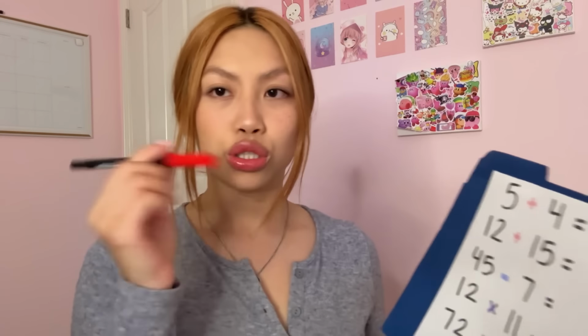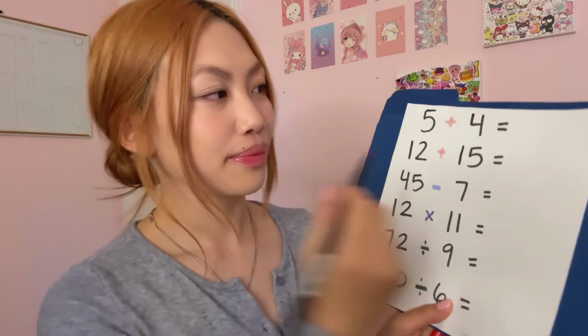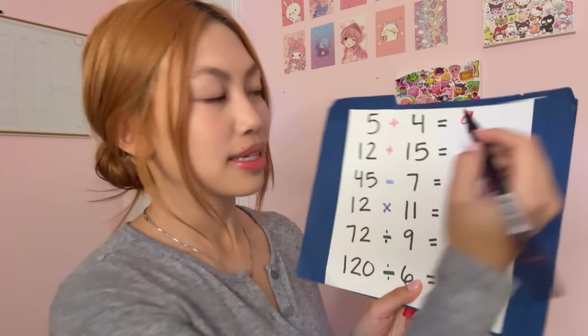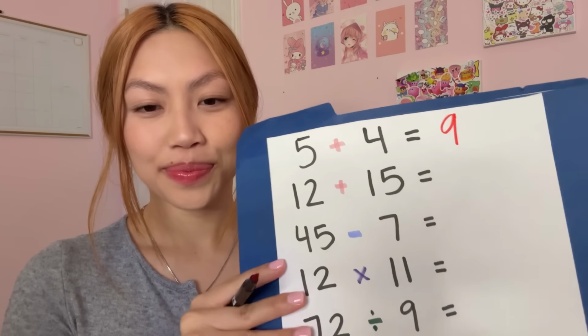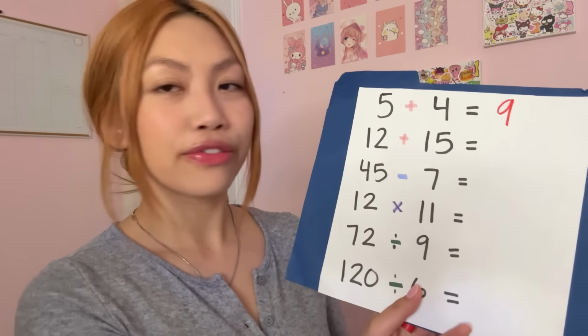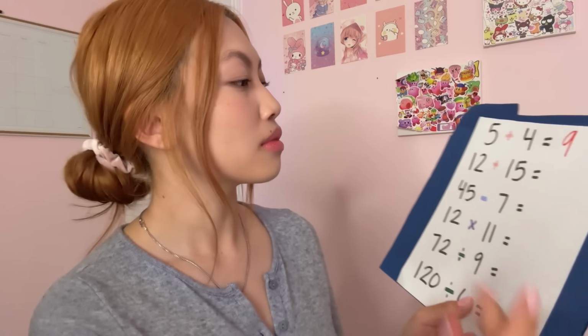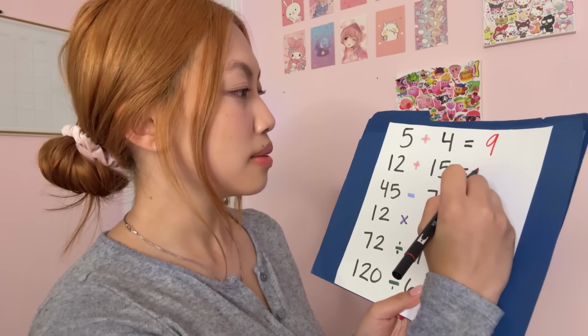Let me grab a marker. Let's do red so it's bright. So 5 plus 4 is 9. Hopefully you got that. 12 plus 15 is 27.